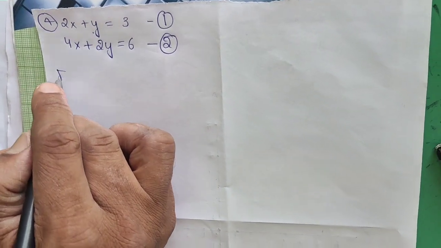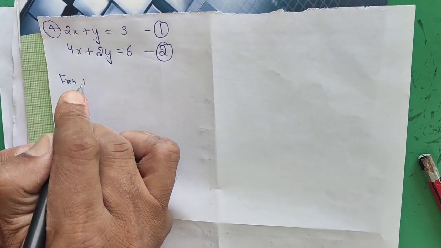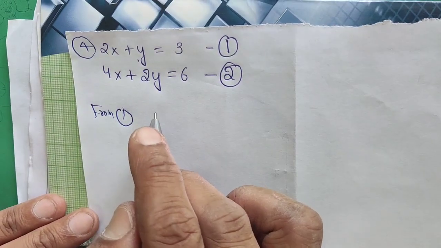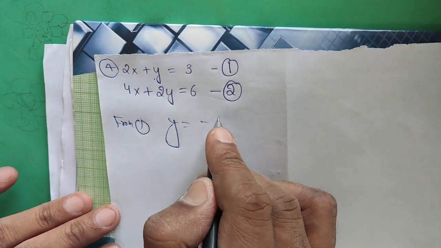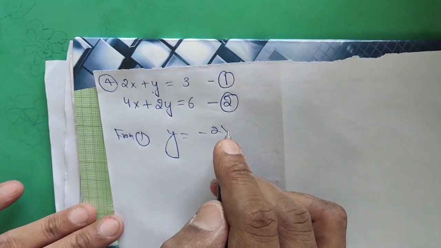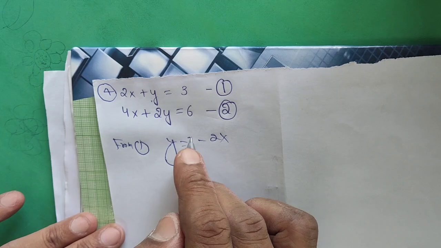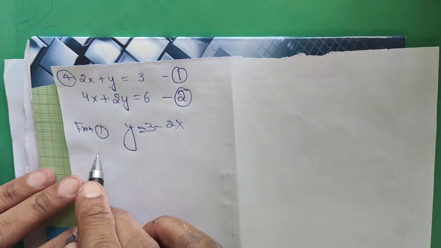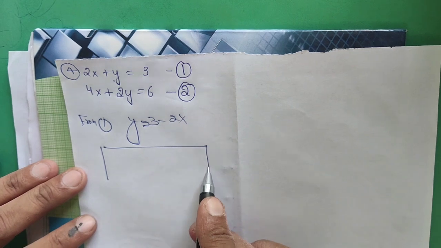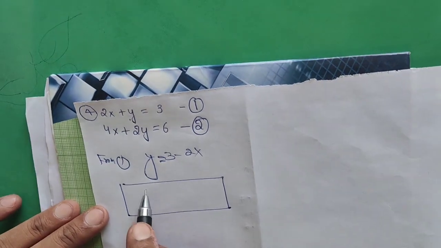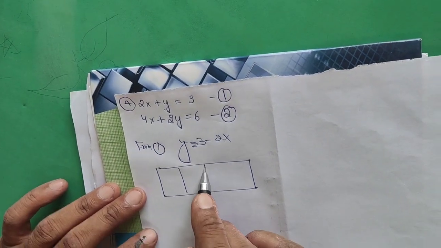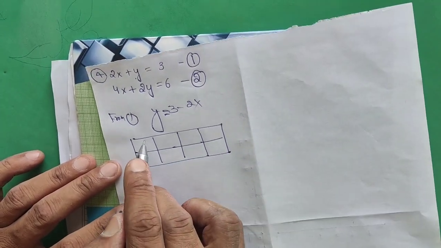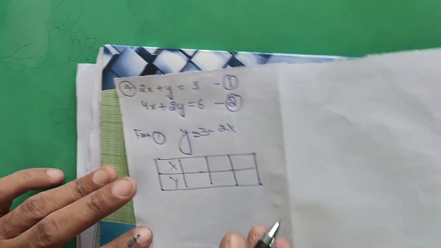So from 1, y is equal to minus 2x plus 3, y is equal to 3 minus 2x, and the table of its values is, this is x and this is y.